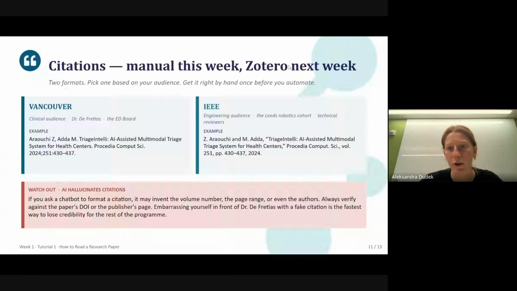There are various different formats in which citations can be done, and this week we're going to have you do one of these citations manually, just so that you understand what it entails. But next week we'll introduce you to one of the existing citation providers, like Zotero.